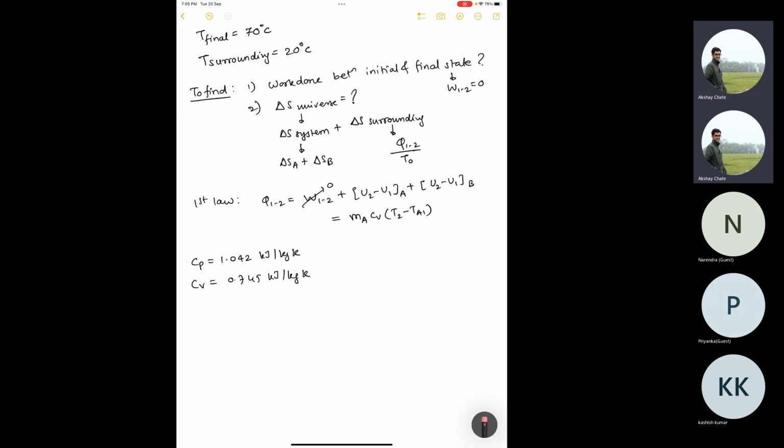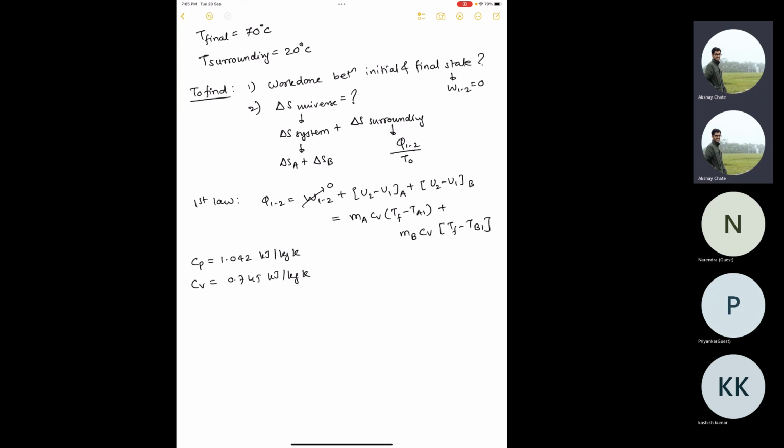This T2 is nothing but your final temperature TF, plus the mass in container B, Cv into (TF minus TB1). What is the initial temperature of the B container?